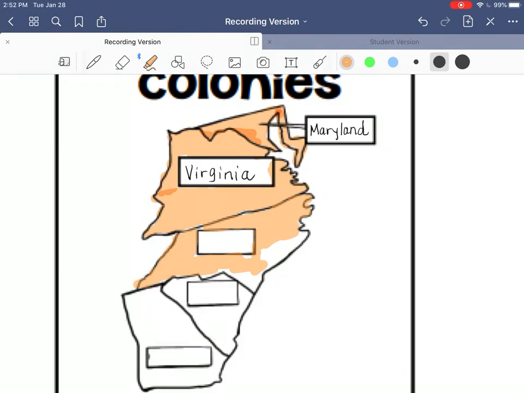You can see Tennessee over here to the west. I won't label it because it wasn't part of the original colony, but Tennessee is right here. So that colony that we're looking at right there is North Carolina. So you have the word North Carolina.